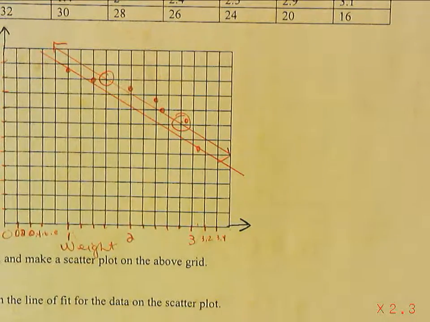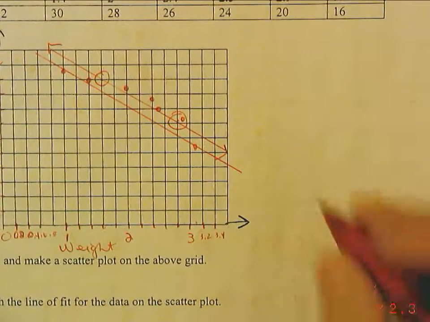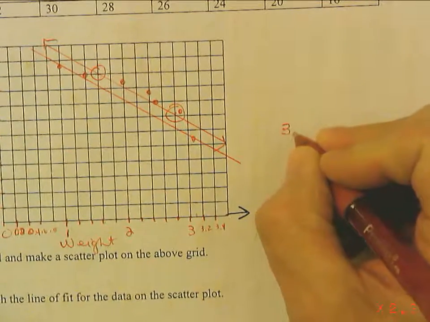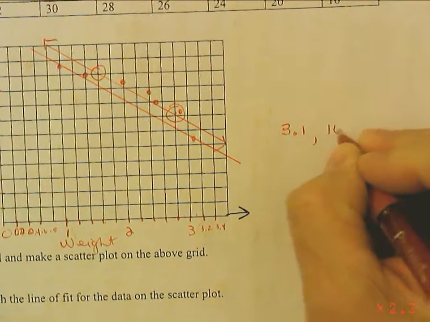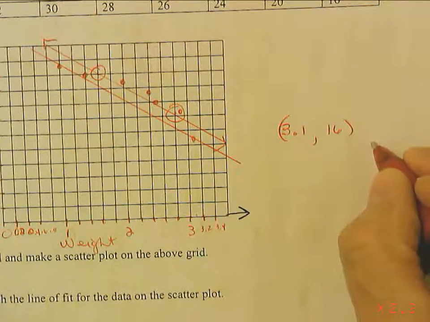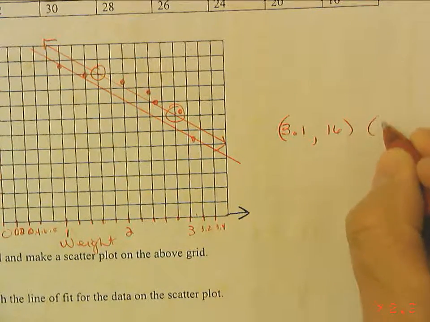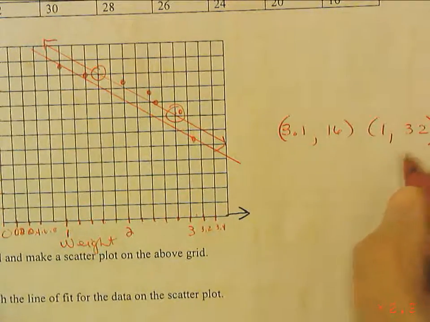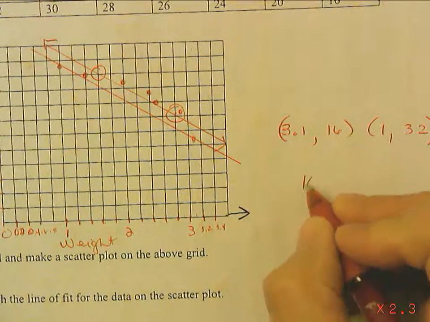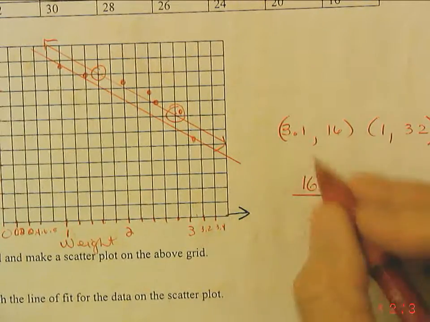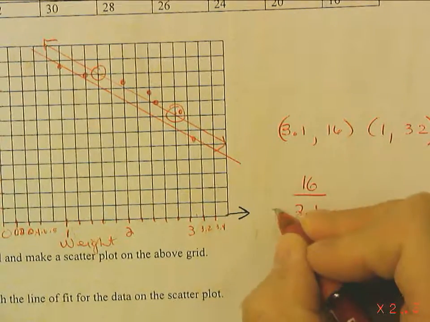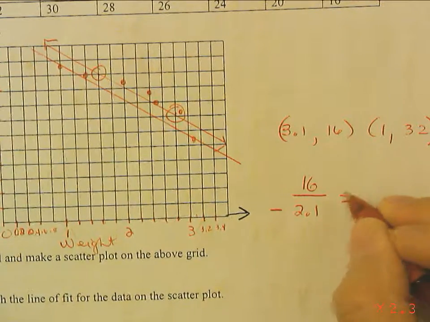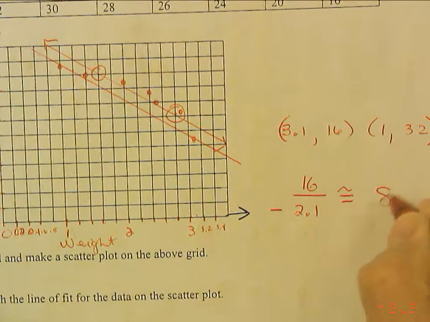But if you did do the lowest-highest method, you would have used the point 3.1, 16 and the point 1, 32. And your slope would have been 32 minus 16 is 16, 1 minus 3.1, negative 2.1. So your slope would have been, let's just say, approximately negative 8.